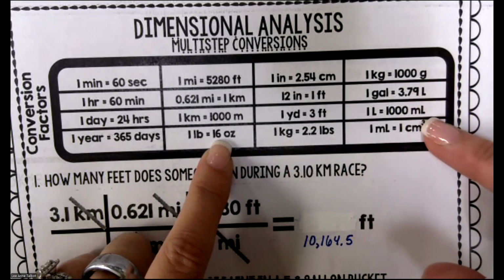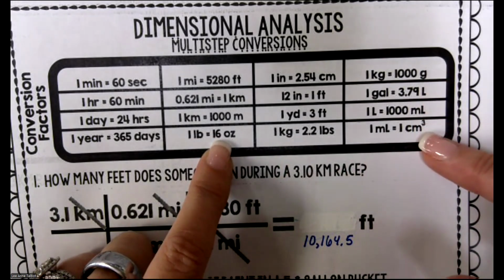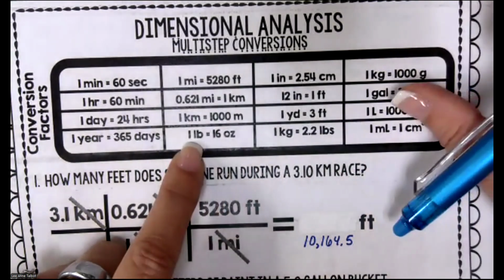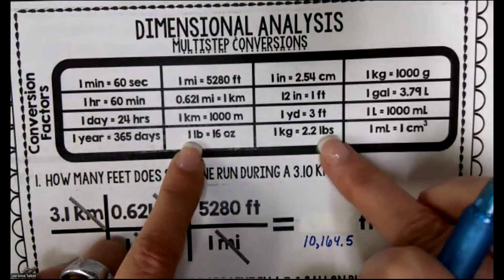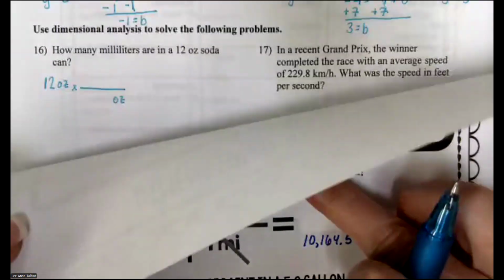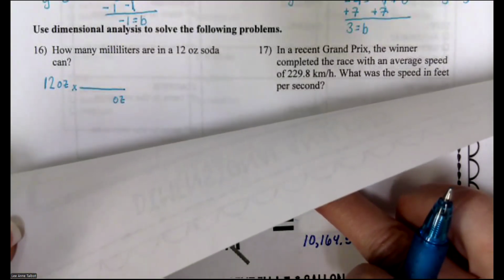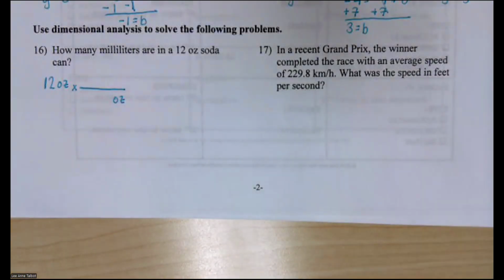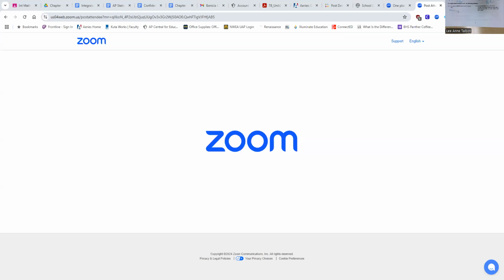Ounces in a pound, but then pounds gets me to kilograms, not milliliters. I might have to do some Googling. What do I want to know? How many ounces in a milliliter?